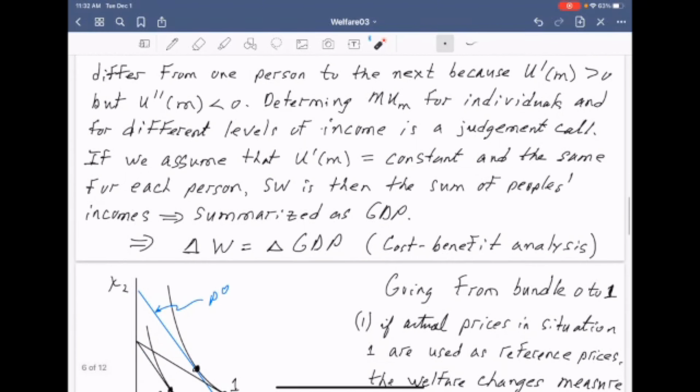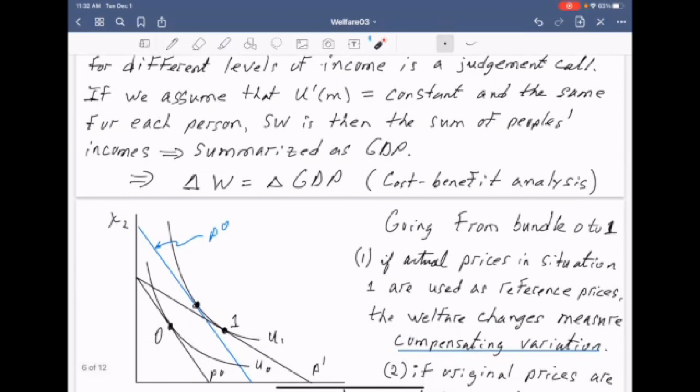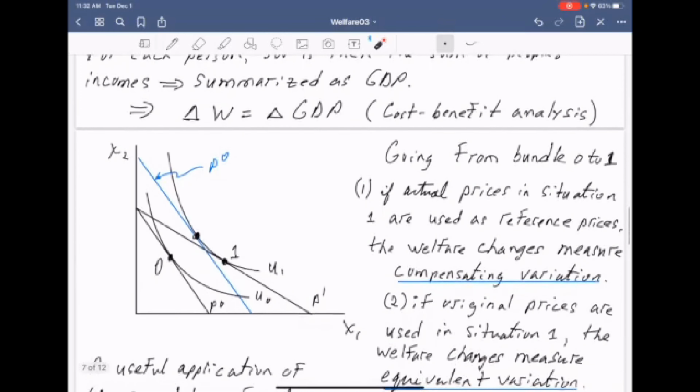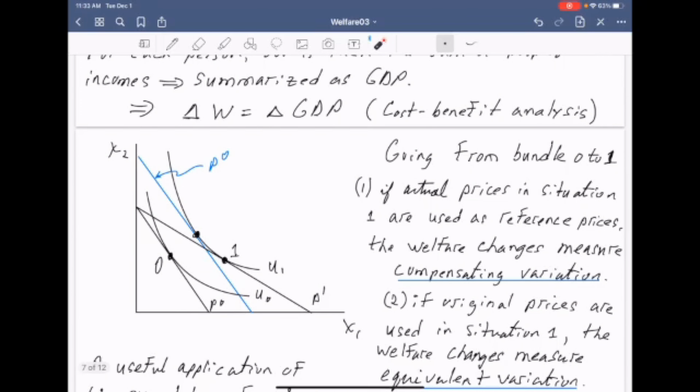And as a result, the change in welfare that we get is simply any change in GDP. But GDP needs to be measured in terms of actual welfare benefits and costs. But these kinds of assumptions underlie cost-benefit analysis.